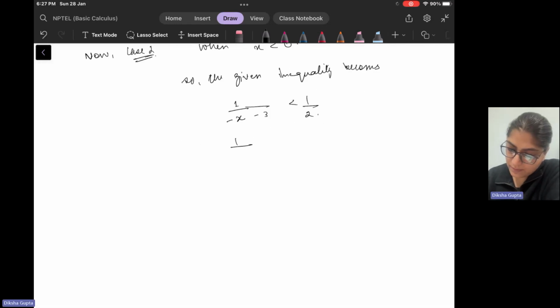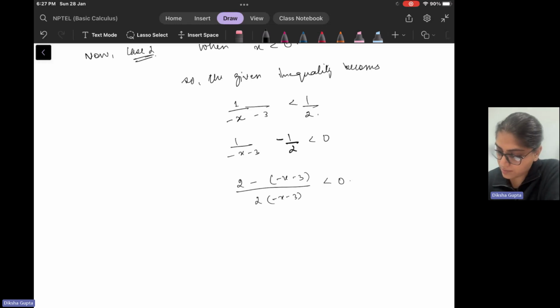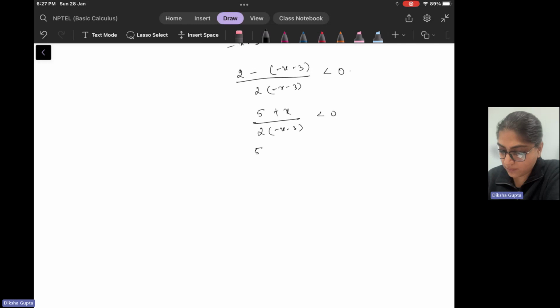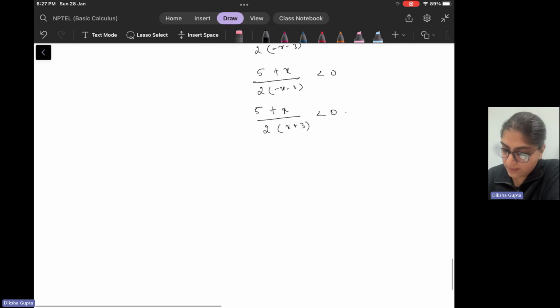So this is 1 by minus x minus 3 minus 1 by 2 less than 0, 2 minus minus x minus 3 upon 2 into minus x minus 3 less than 0. So this becomes 2 plus 5 plus x upon 2 into minus x minus 3 less than 0. I'm taking negative common from the denominator, it becomes 2 into x plus 3 less than 0. Right? So if this 2 is confusing you, you can take 2 to the other side to get x plus 3.